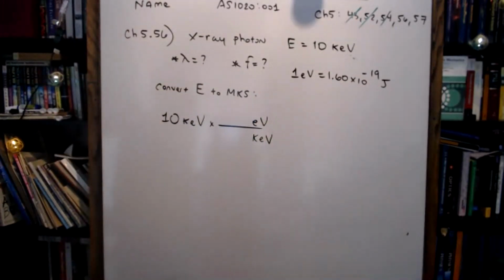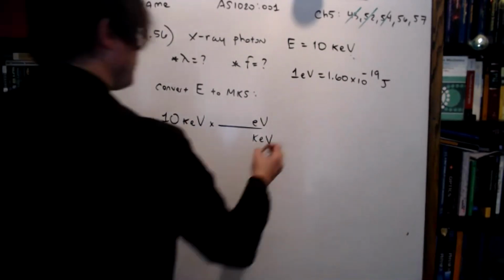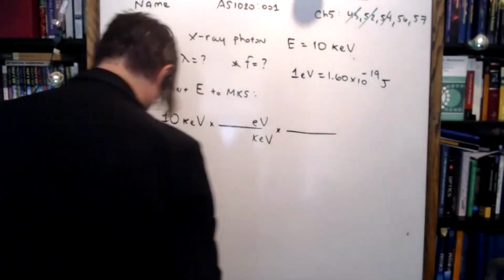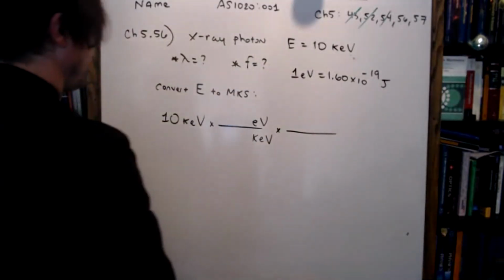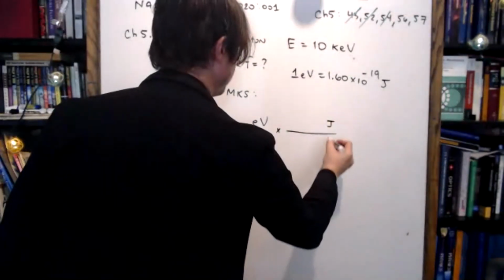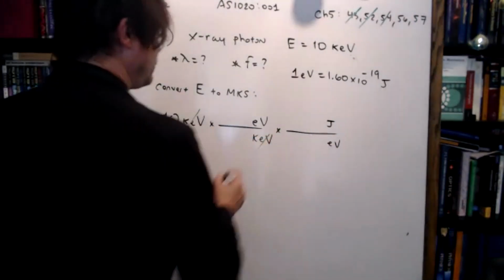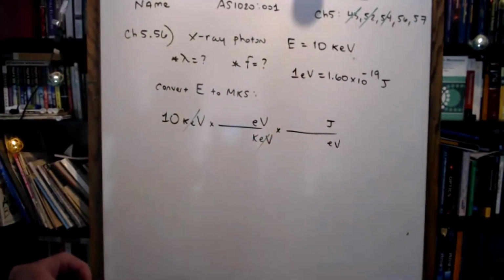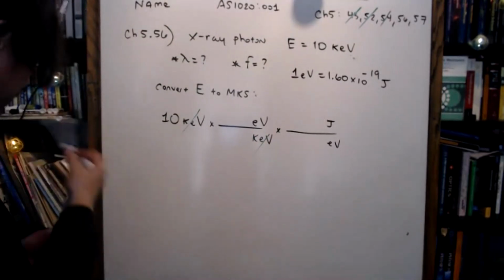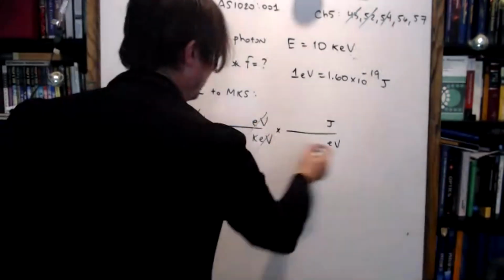Now what? You can do another multiplication bar. Yep. On top would be joules, and on bottom would be EV. Wyatt, you are speaking my language. I can taste my after-work beer in my mouth already because of your skill and proficiency at dimensional analysis.